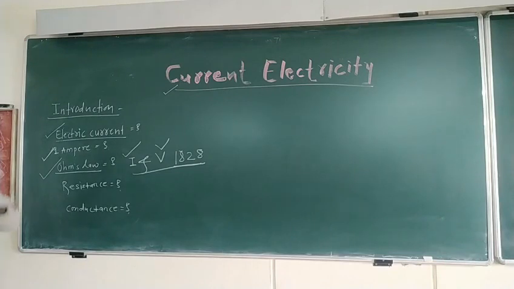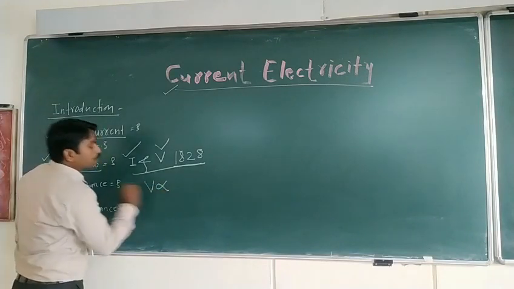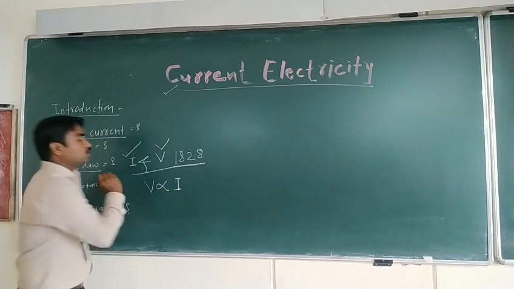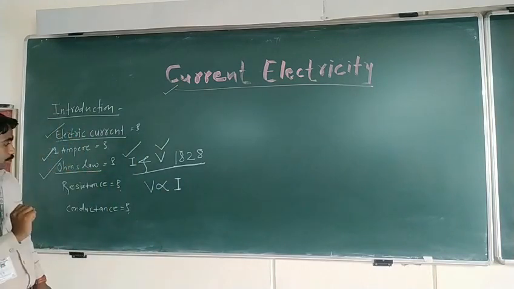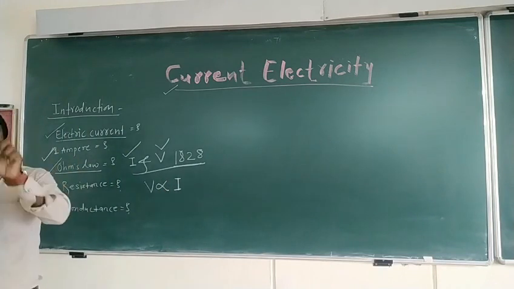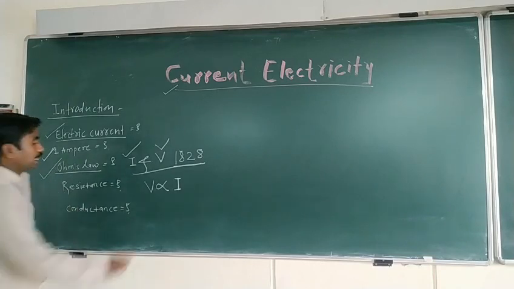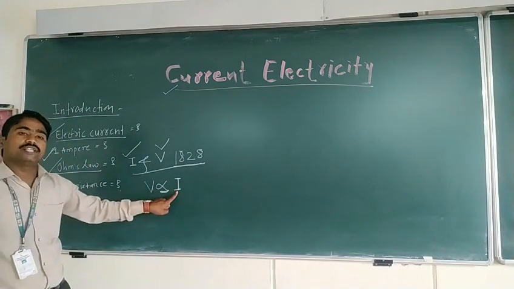Ohm's law is that at constant physical conditions like temperature and pressure, the potential difference developed across two ends of the conductor is directly proportional to the current flowing through the conductor.